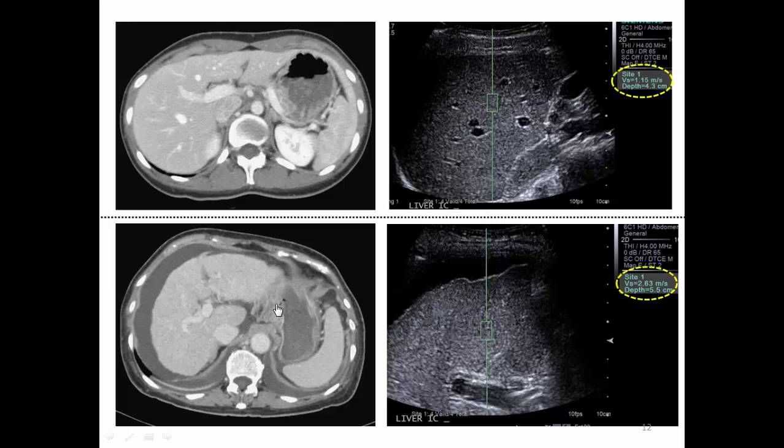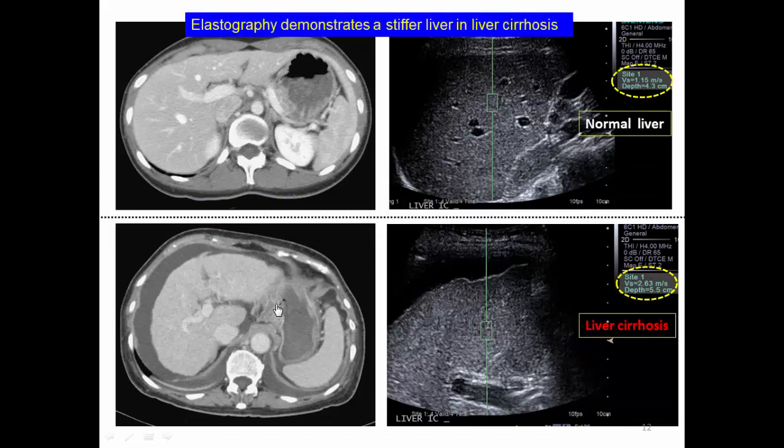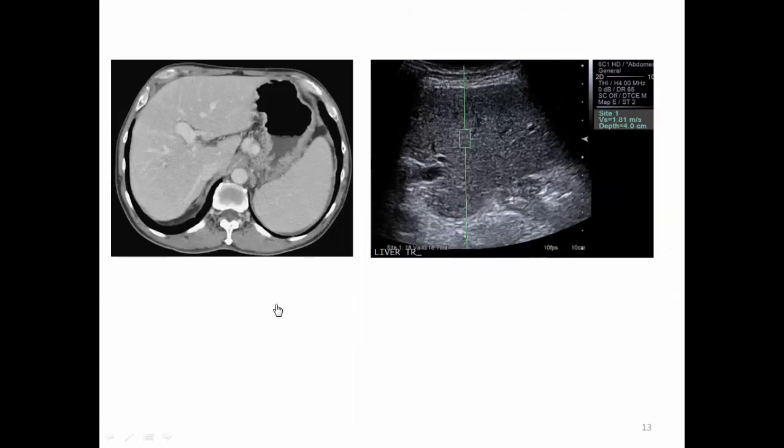The value is 2.63, significantly higher than the normal tissue. So this is a normal liver versus liver cirrhosis, and it is very obvious that elastography demonstrates a stiffer liver in liver cirrhosis.